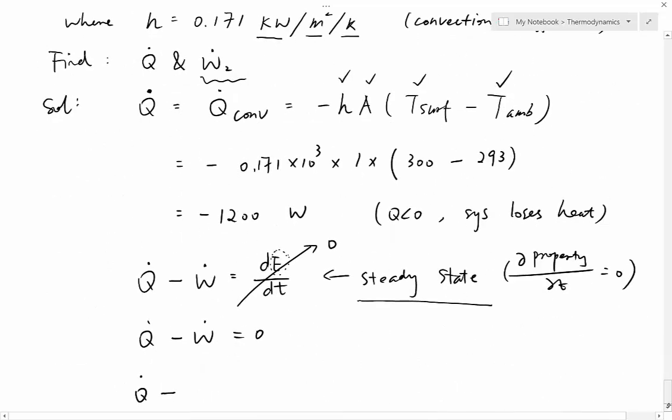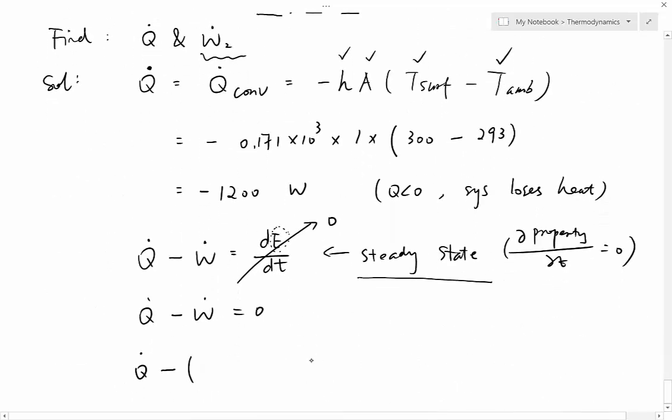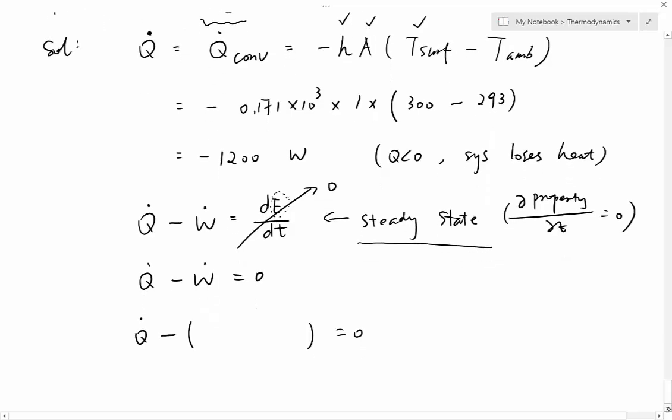So when you go back to this equation, for W dot, you actually have to combine every single one of them. If you have three of them, it should be W dot 1 plus W dot 2 plus W dot 3. You have to sum up all the W's. For our problem, we only have two, so W1 dot plus W2 dot.